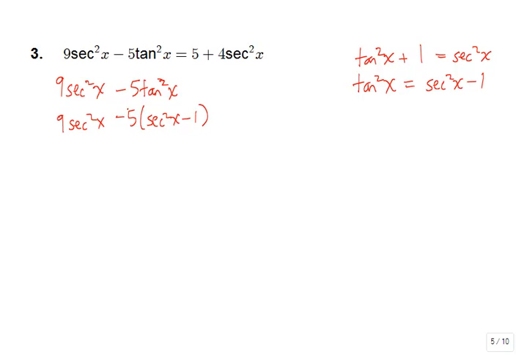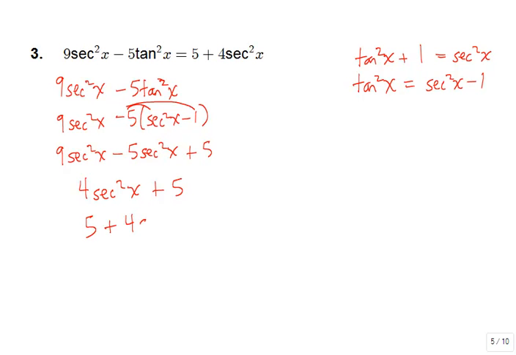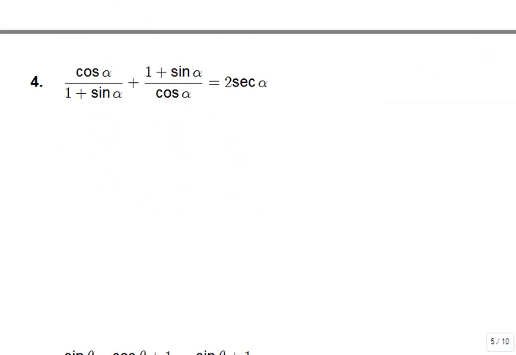Now I do have this minus 5 in front of those parentheses, so let's go ahead and distribute. And then 9 minus 5 gives me 4 secant squared x plus 5, and by the commutative property of addition, we can just switch the order around, and now we have exactly what we were trying to get, so we've proved it.